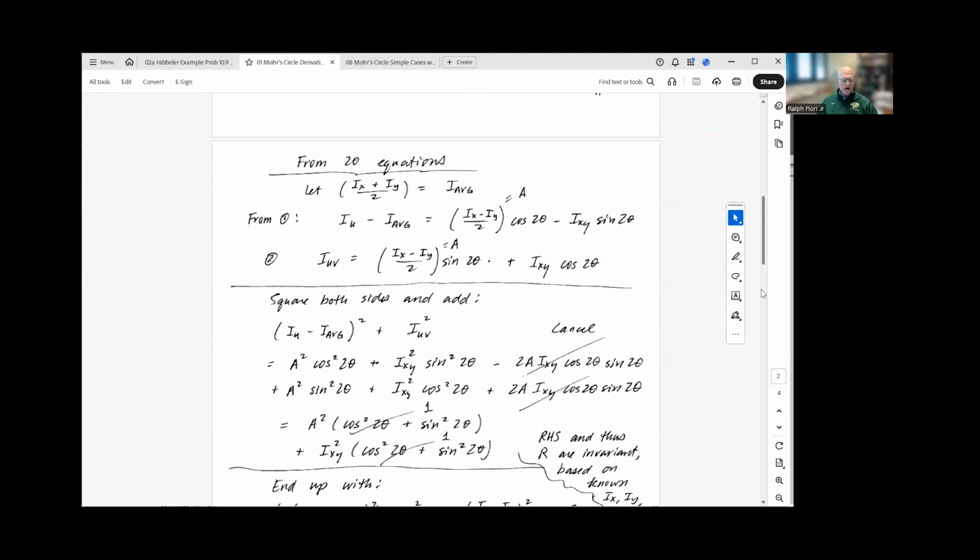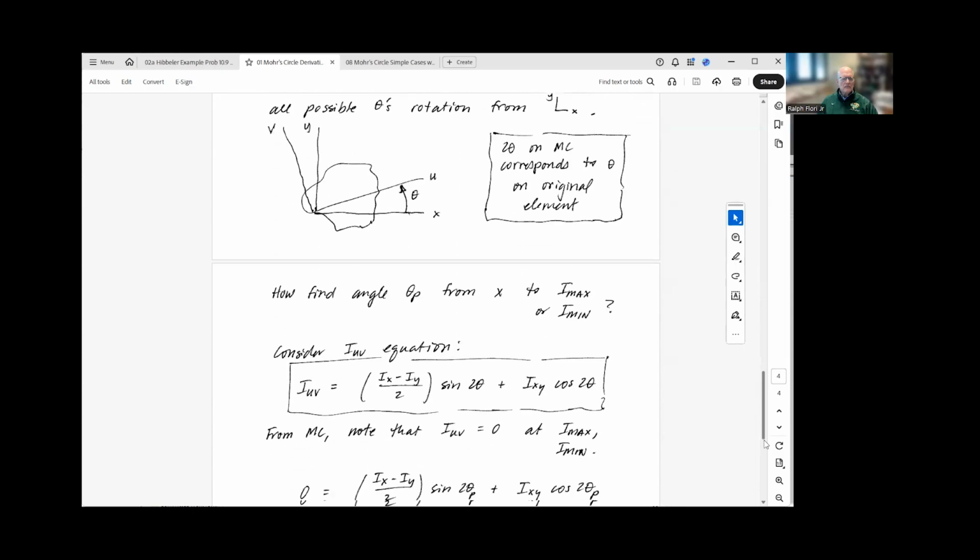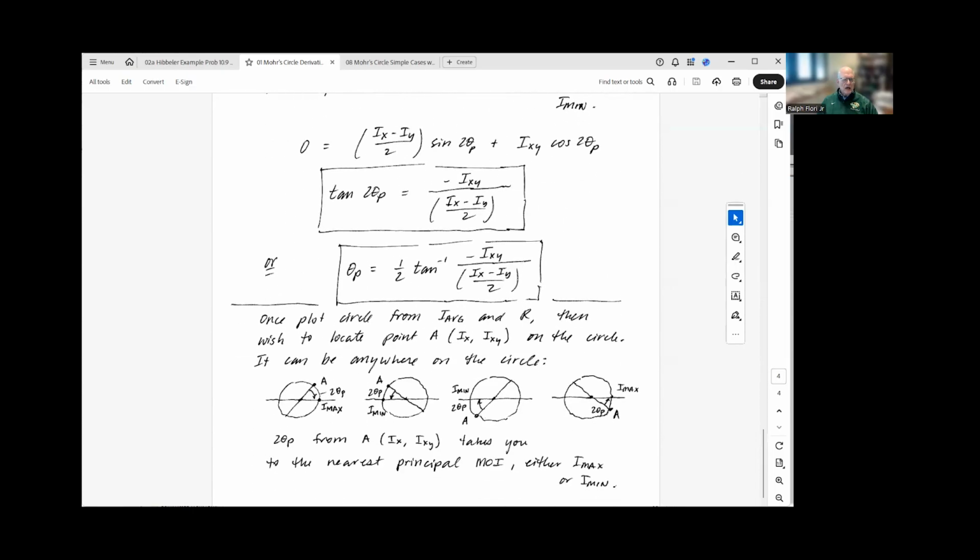If I scroll down here, I showed you this: the tangent of 2 theta p is equal to IXY divided by IX minus IY over 2. And this is actually negative because we're going clockwise on the circle from the X to the theta p.